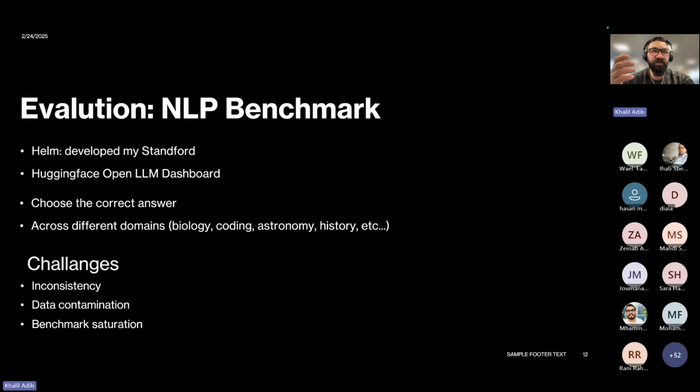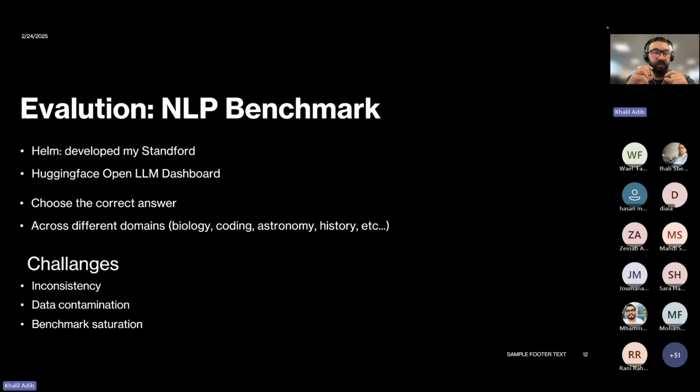Now, some of the challenges in evaluating LLMs using benchmarks. First of all, inconsistency: if you have a benchmark with a lot of questions with multiple answers, and you run the evaluation using the same LLM over the same data set, you might get different results.